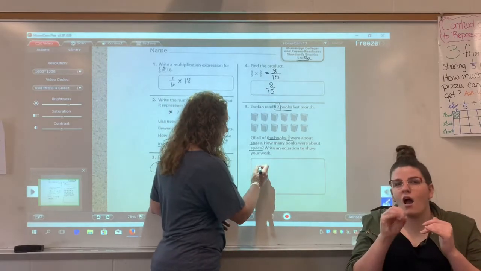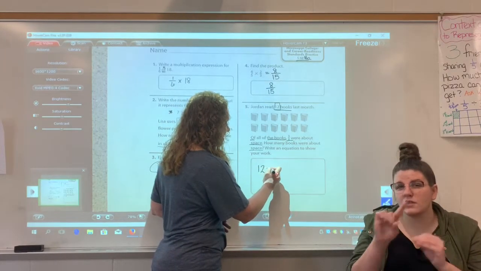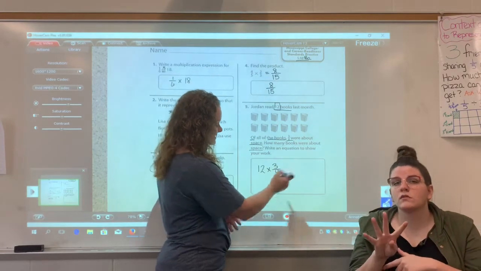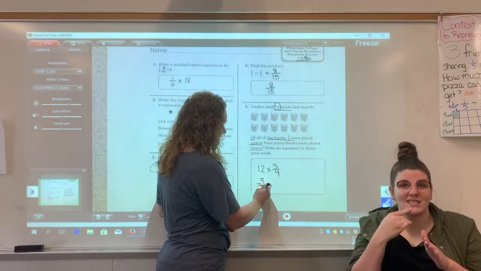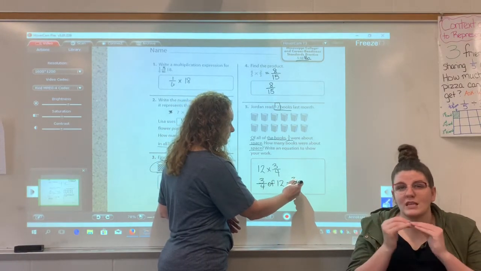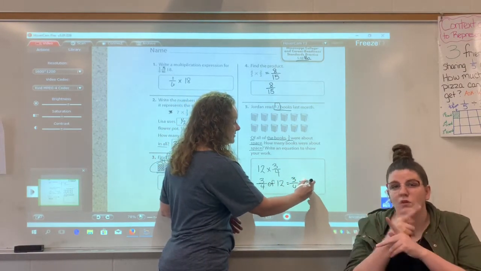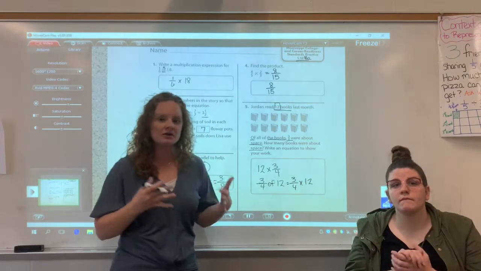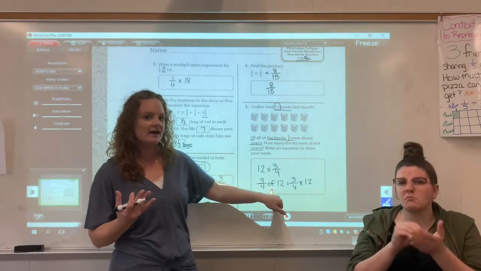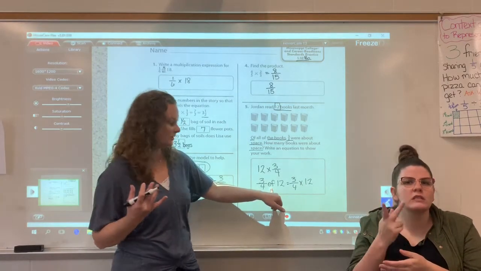And when we do it that way, we're saying 12 times 3/4. Or if we did it the way that it says it, it would be 3/4 of 12, which equals 3/4 times 12. So if you're struggling with your story problems, put the "of" in there, and you'll see what symbol you should be using.